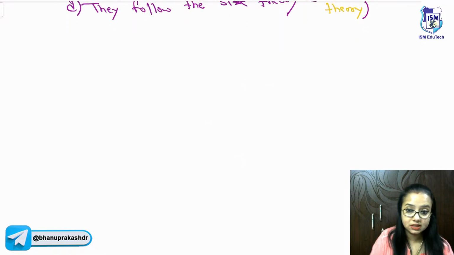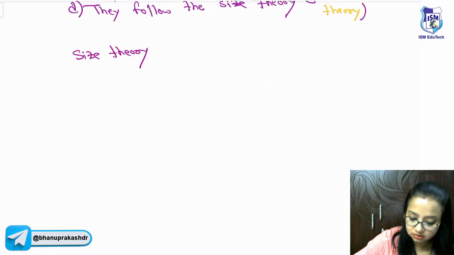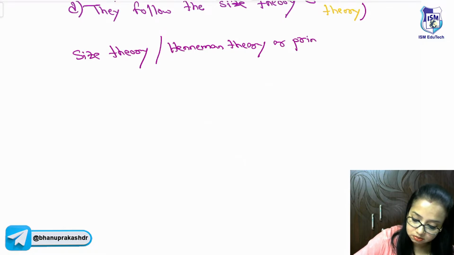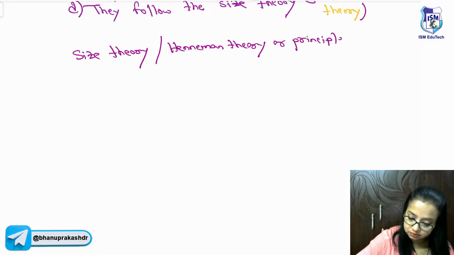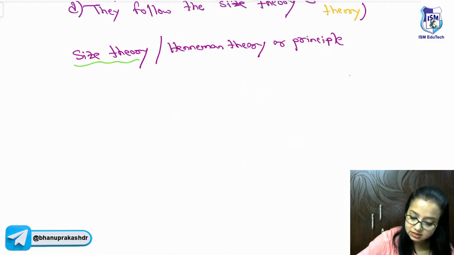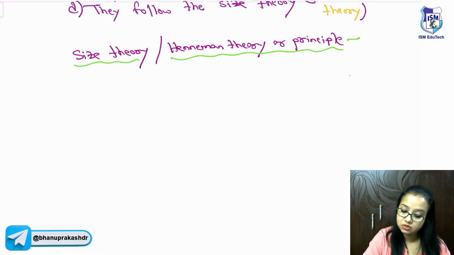What is this Henneman theory? This size theory or Henneman theory, or we can also say principle. What does it state? Henneman theory or this size principle, what does it say?